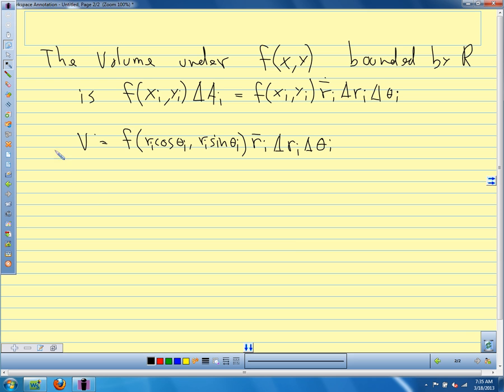So the entire volume, and I guess we should say, rather than V, we should say delta V, because this is a part of the volume. So we're going to sum the volumes over the entire region. We've subdivided it into these little polar rectangles, and sum to find the volume over the entire region.